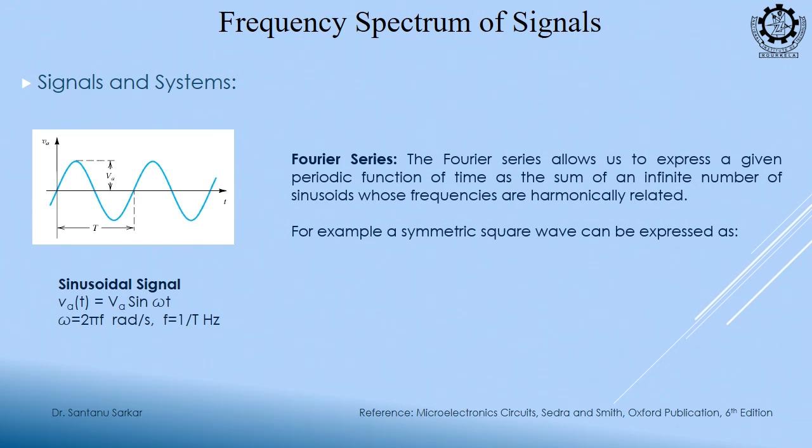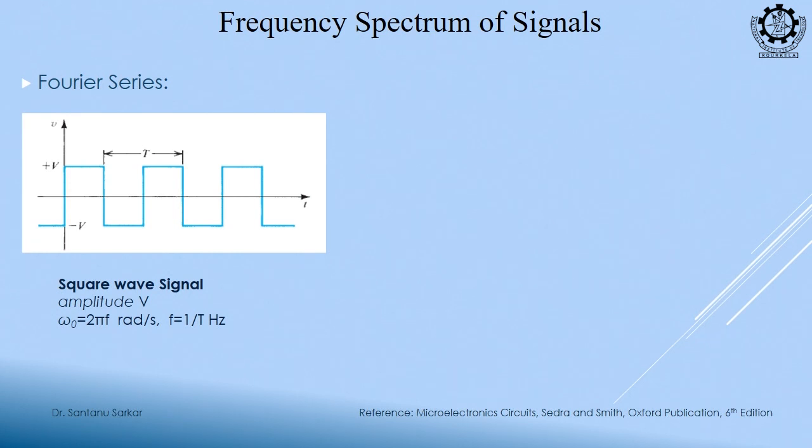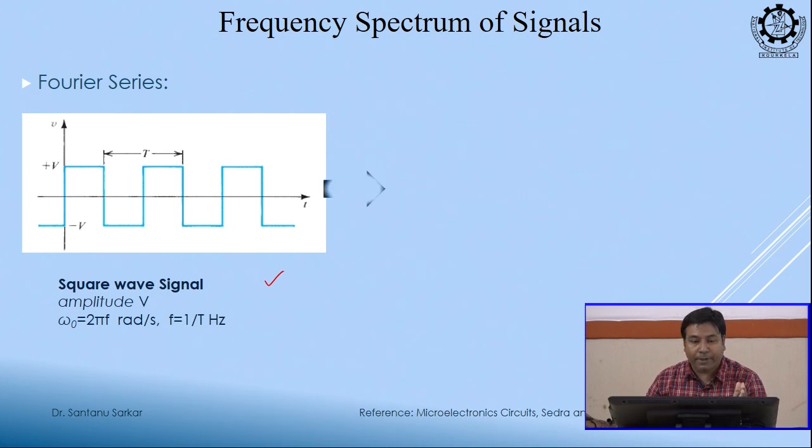So, we can take an example of a symmetric square wave, which can be expressed as a sum of sine waves and their odd harmonics, and we will have some amplitude. If we plot this square wave, this is the time domain response and its equivalent frequency domain response will come like this.